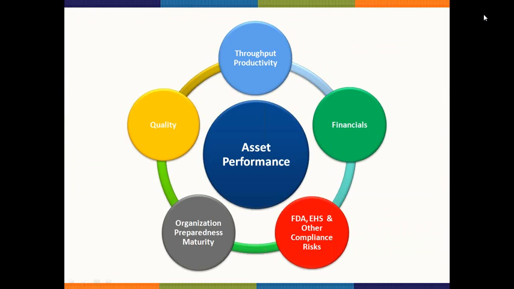Of course, there is the risk related to compliance, FDA, EHS, depending on the industry. We have also seen that underperforming assets can have an impact on the quality of the production or the quality of the service provided to other departments within the organization.